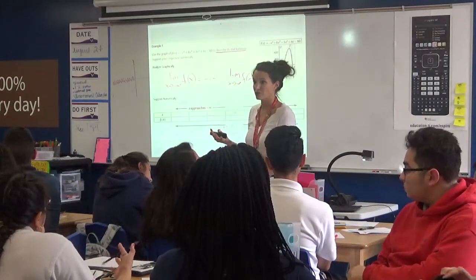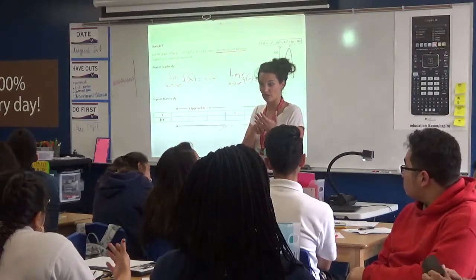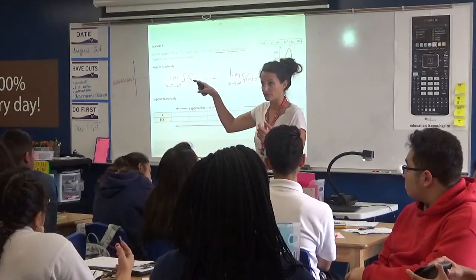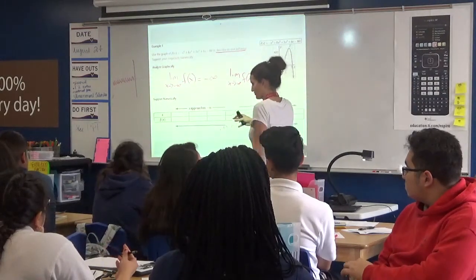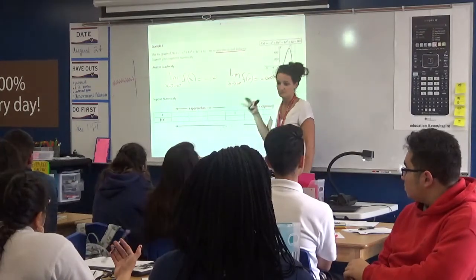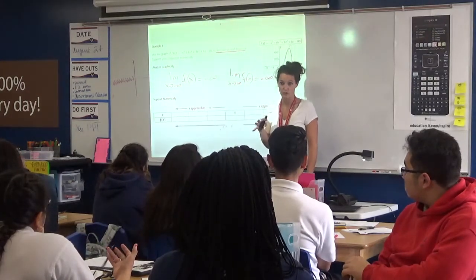This is kind of like using the trace tool that we just used on our calculator. We could find different points along the way. So if you like this better, let's support our answer. Again, you don't have to copy all this down, but I'm just showing you.